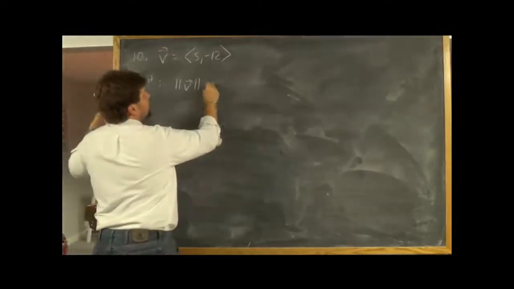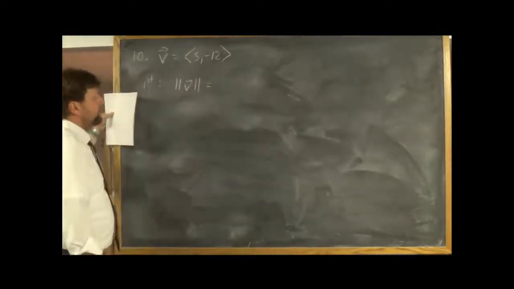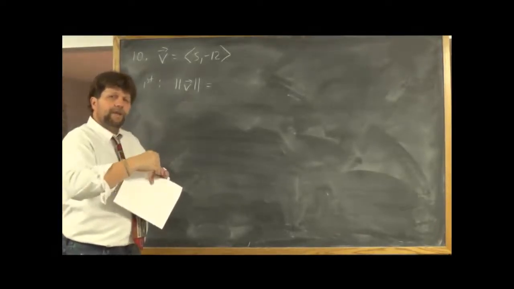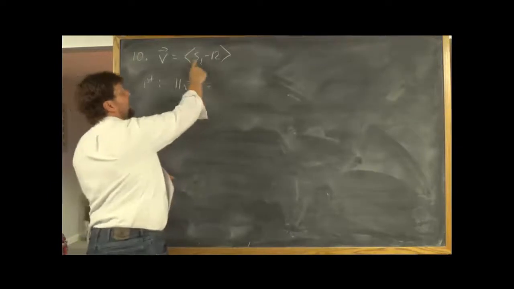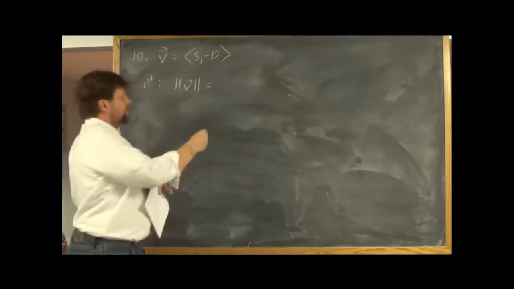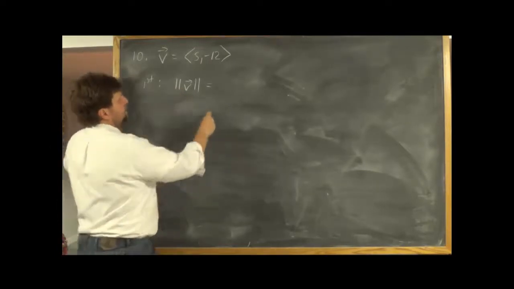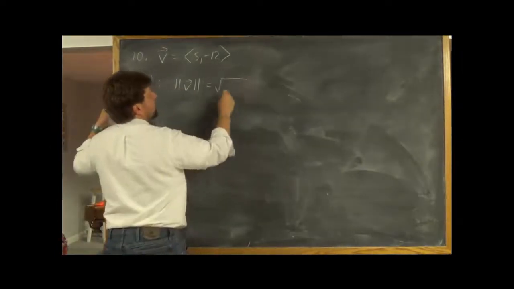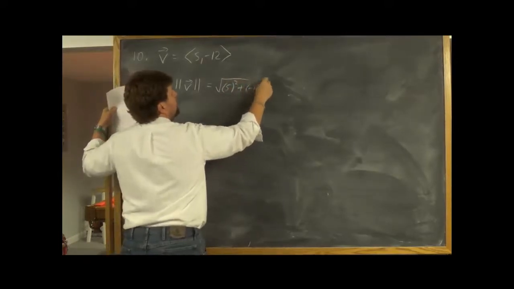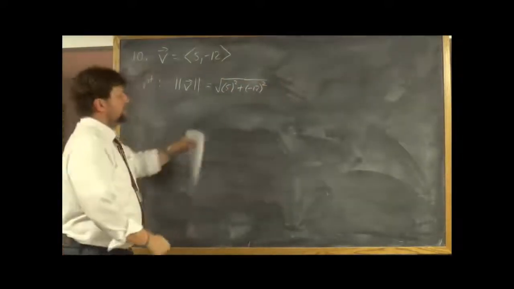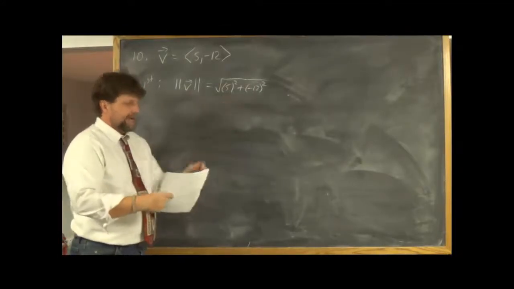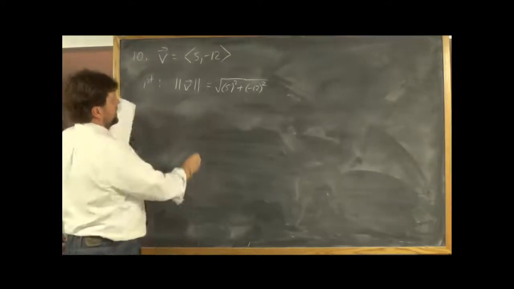One of the benefits of having a vector in component form, remember its initial point is the origin, and that gives you the coordinates of the terminal point, is that getting the magnitude is simply the square root of those individual components squared and then added together. The distance formula, in other words, condenses down very nicely.